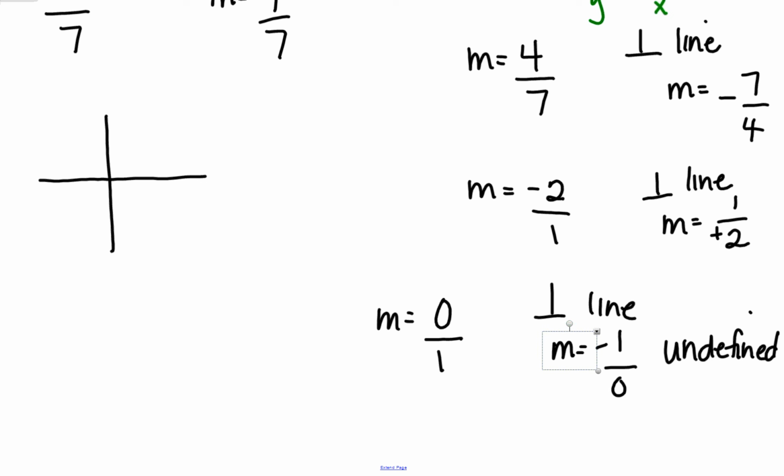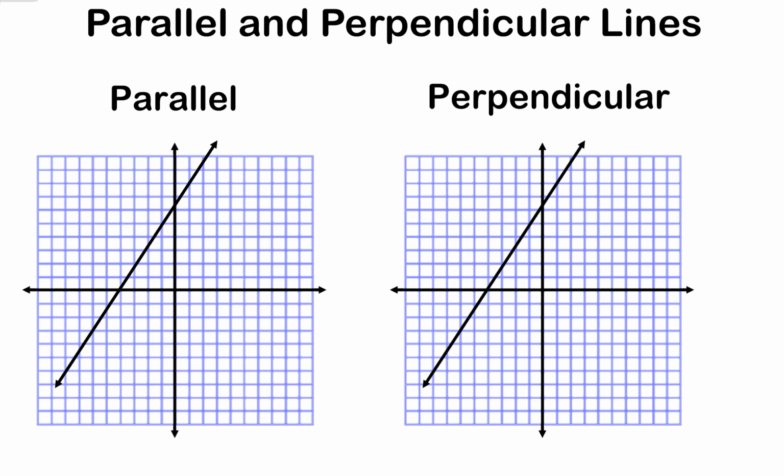So let's look at some examples of applying this. If I had a line here, I would again find two integral coordinates, which you now know what that means. Here's one, and here's another one. My slope would be 3/2.